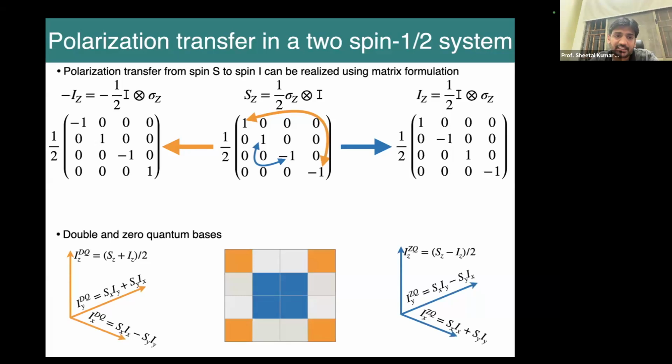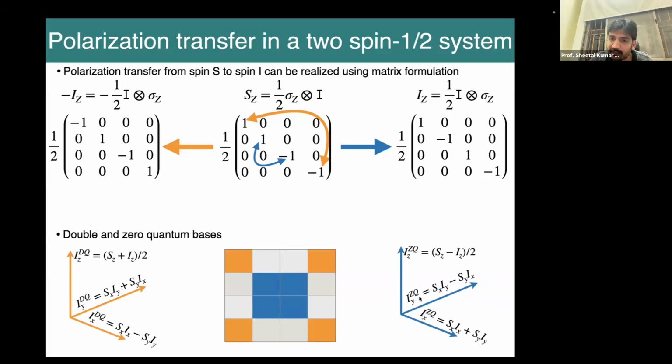Okay. If we see closely, it turns out that as pointed out in this sketch here, the inner part is called the zero quantum basis. So if you have these two terms, Ix zero quantum and Iy zero quantum, one can verify these in MATLAB or your own calculations.